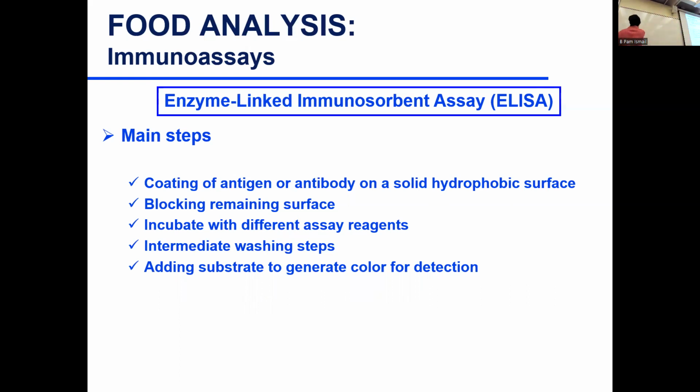I'm just going to say this is a very enlarged base of your well. This is plastic or hydrophobic surface. So this is the base, the bottom of your well in a microplate.